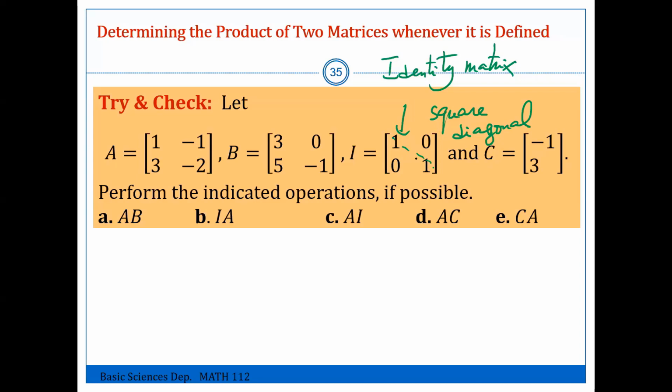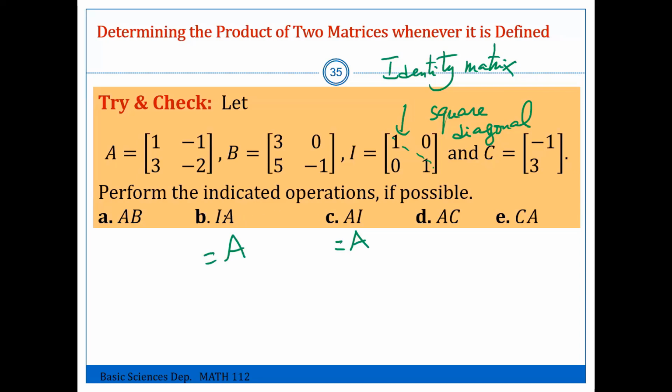And on the diagonal we have ones only. And why is it important? Because you can check that if you multiply a matrix by the identity matrix, you get A, whether you multiply to the left or to the right. And this, as I said, might be different. So you have to compute both.